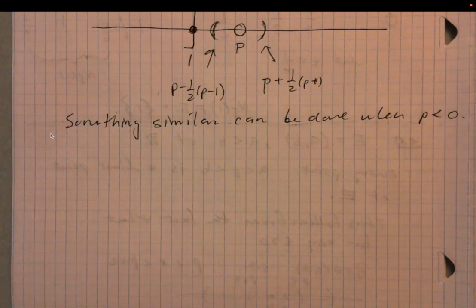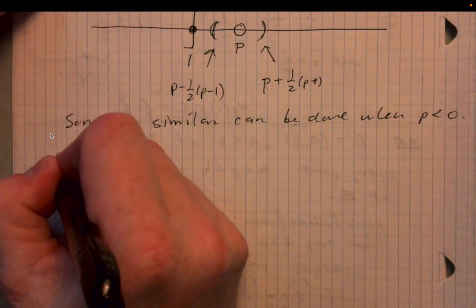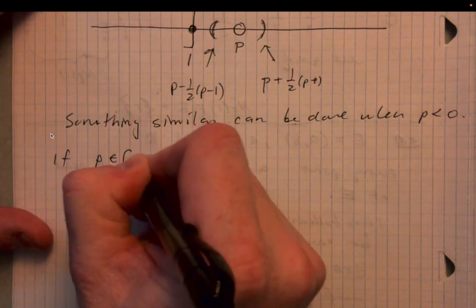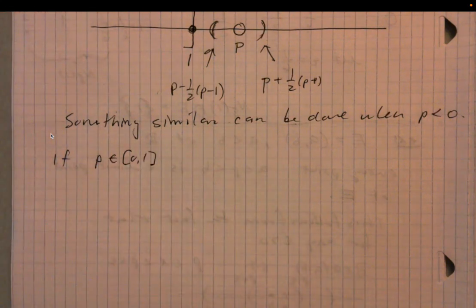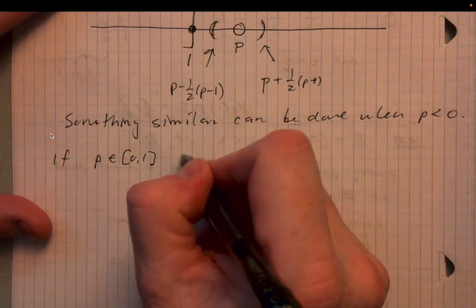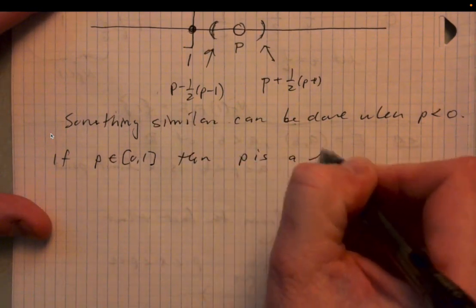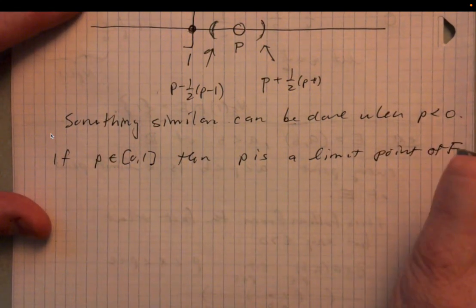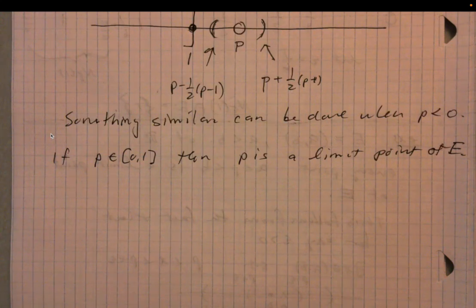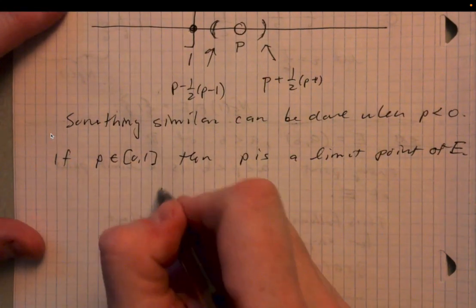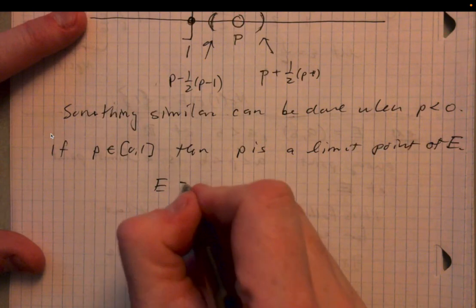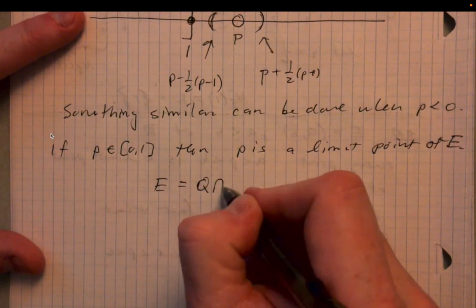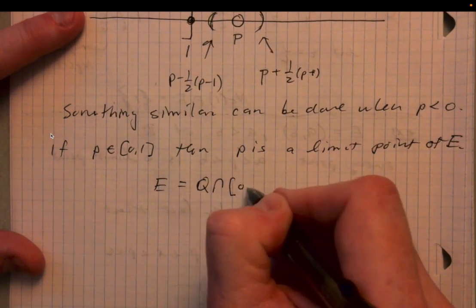But what about when P is in that interval 0 to 1? So if P is in 0 to 1, then what can we say? Well, it turns out if P is in the interval 0 to 1, then P is a limit point of E. Okay, so remember what E is. I'll rewrite it just because it's not on the page. E is equal to the intersection of the rational numbers and the interval 0 to 1, right?